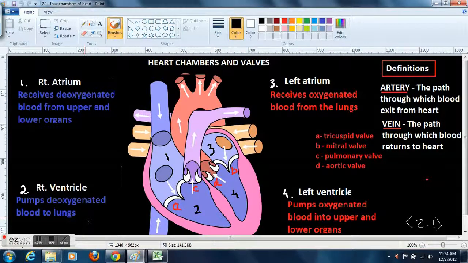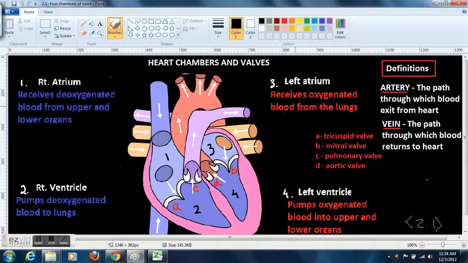Third chamber is left atrium. It receives oxygenated blood from the lungs. And fourth chamber is called left ventricle. From here heart pumps oxygenated blood into upper and lower organs. So these are the 4 chambers, and each chamber is responsible for one function of the heart.